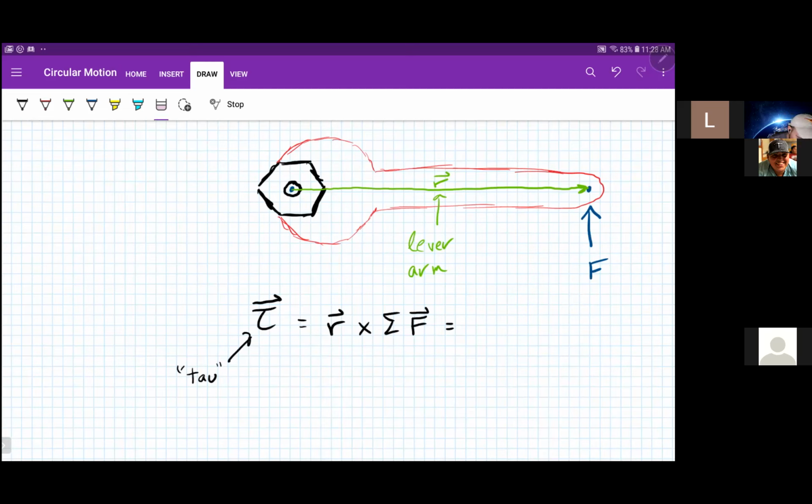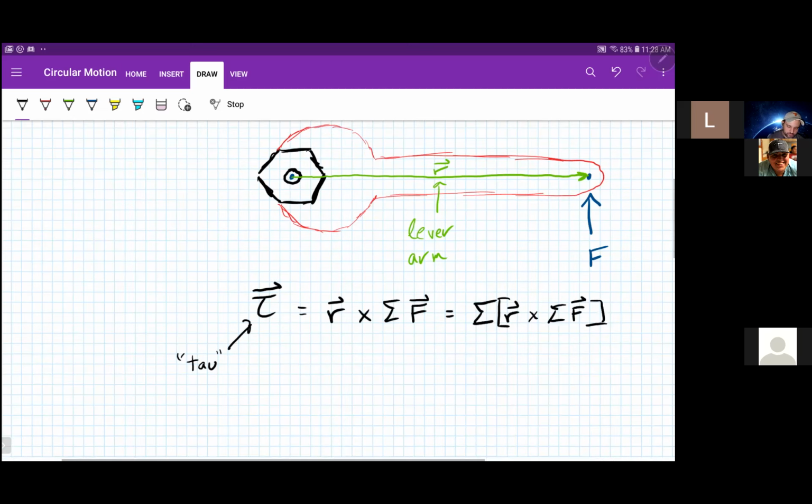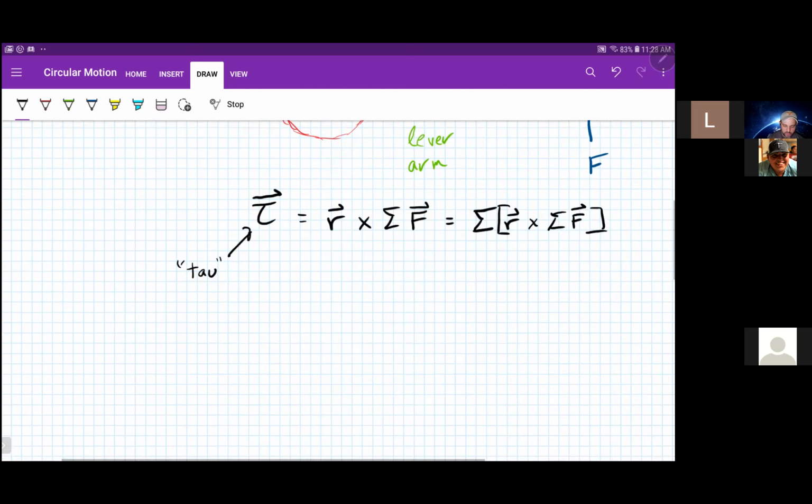So R is going to change, and you have to match the R with the appropriate force. So it'd be R1 with F1, R2 with F2, and so on. That means we would have to sum the positions as well. So it'd be the sum of all of the R cross F. That's our equation.